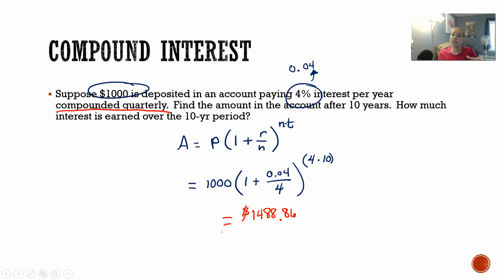So that's how much is accumulated in the account. After a certain amount of time, that's how much money is in that account. But if you look at that, that means you started with 1,000, you ended with $1,488, meaning that the interest that you actually got was only $488.86.